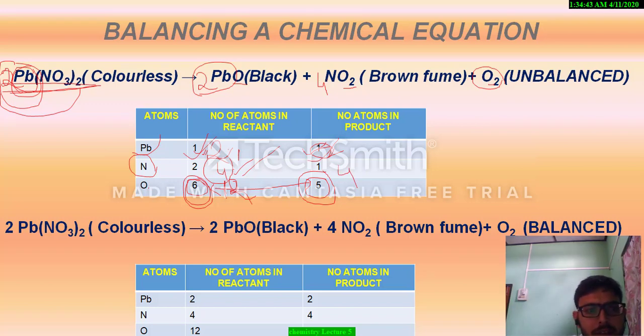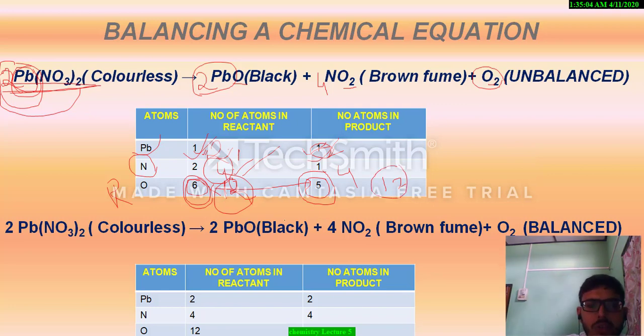Similarly, 12 oxygen atoms: 3 into 6 into 2, 12 oxygen atoms in the reactant side, and here 2, 4 to 8, 8 plus 2, 10, 10 plus 2, 12 oxygen in the product side.